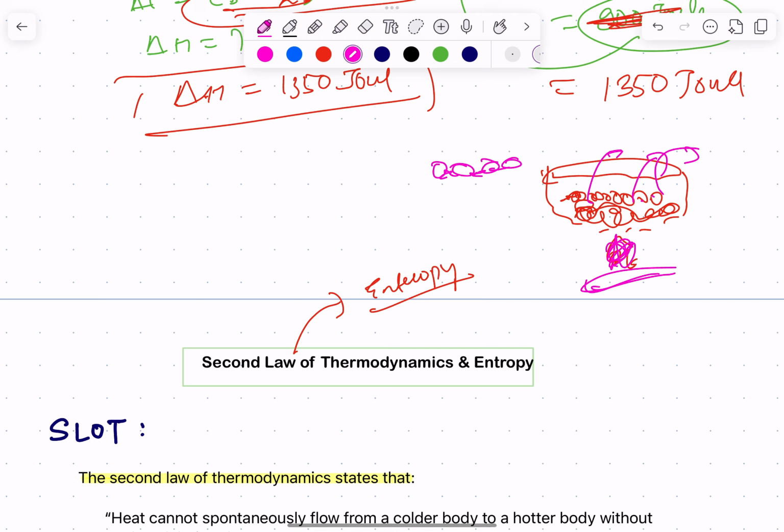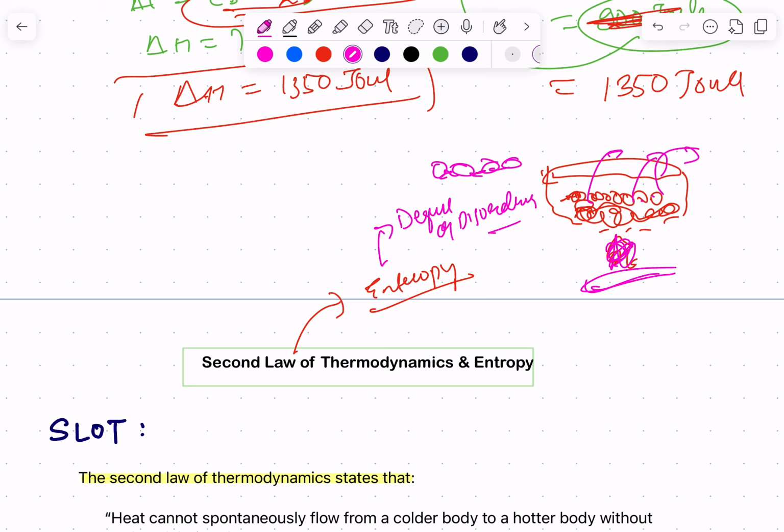For example, if there is a building with 100 people in it, and all of a sudden the building has an earthquake, the people will run here and there. The running of the people shows the disorder. So simply, entropy means degree of disorder. The more disorder there is, the more entropy there is.